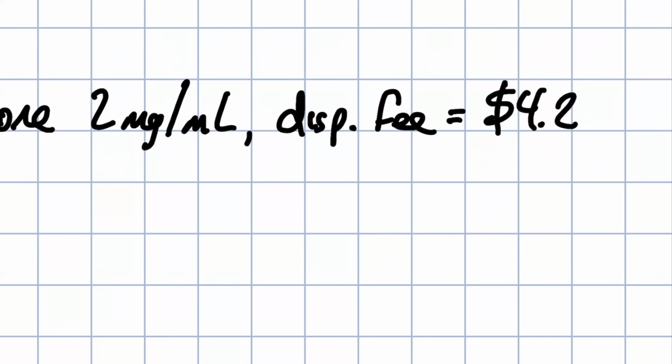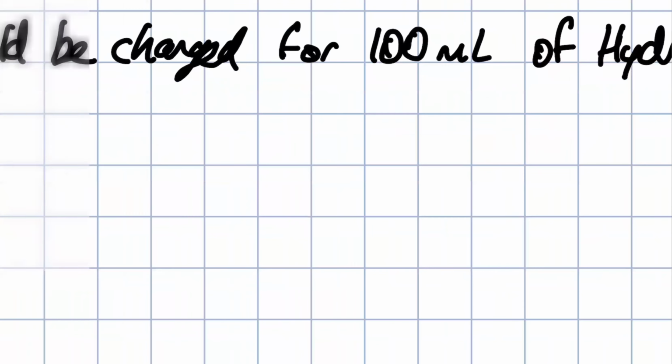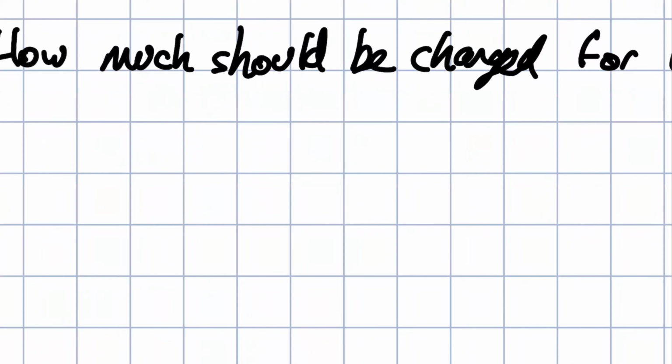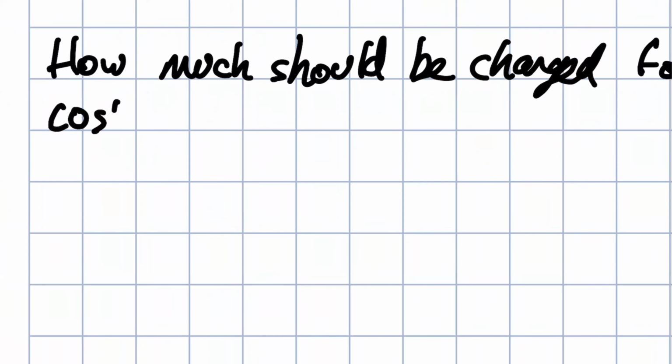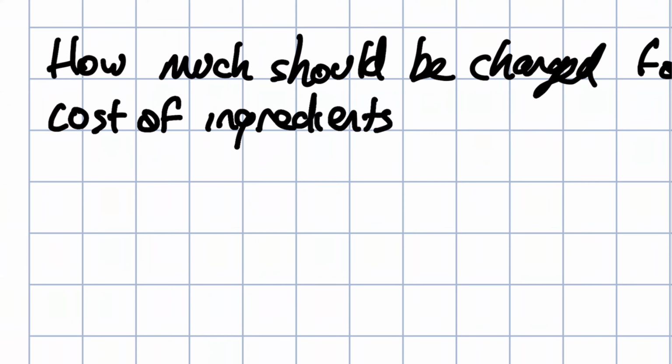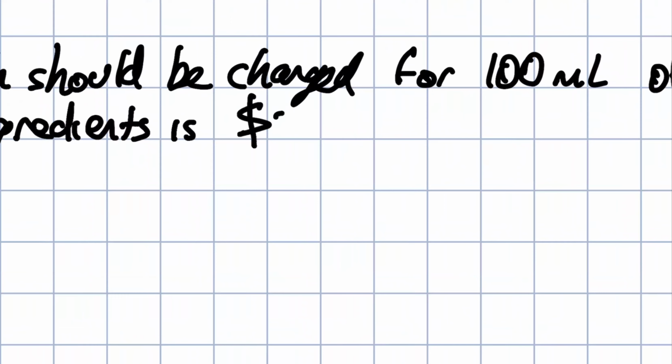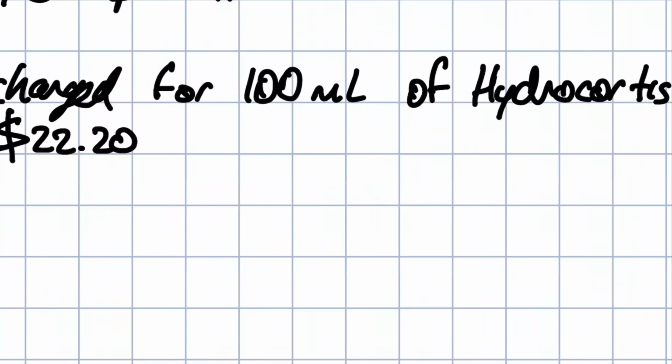If the dispensing fee is $4.25, cost of ingredients is $22.20, and the compound was prepared in 18 minutes. Took 18 minutes to make.